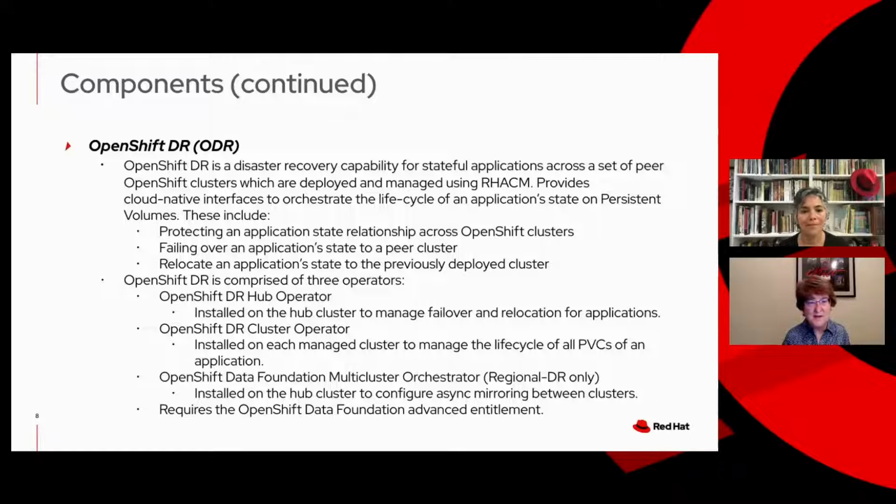Should have fixed that. That was for 4.10. OpenShift Data Foundation multi-cluster orchestrator is going to be used now for both metro and regional disaster recovery, and does a lot of the automation and setup. So that operator is used in DR for all solutions.